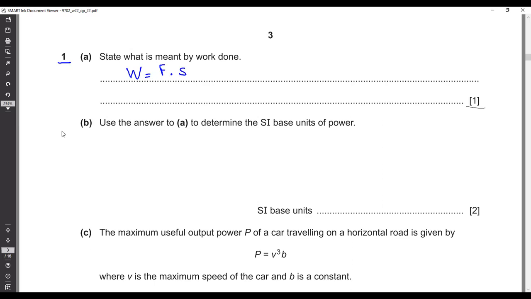In direction of force. Yes, you need. You know it, but if you don't write it, you will not get the mark. Got it? So you have to write it. Force times the displacement in the direction of force. Got it?